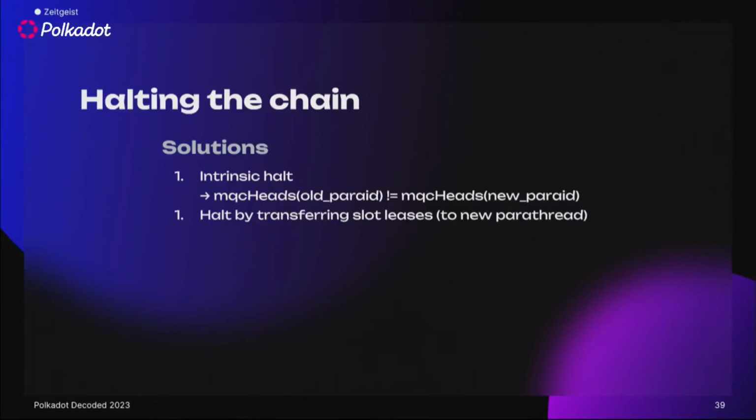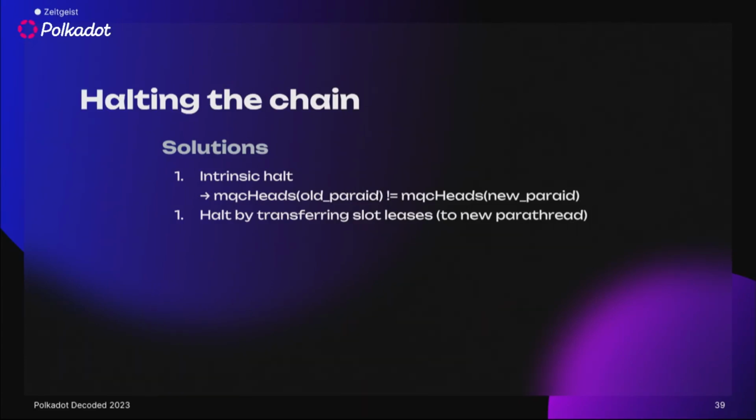Then halting the chain, we have explored three solutions so far. One solution is the intrinsic halt. Adjusting the storage could result in an inconsistent state that stops block production due to panic.